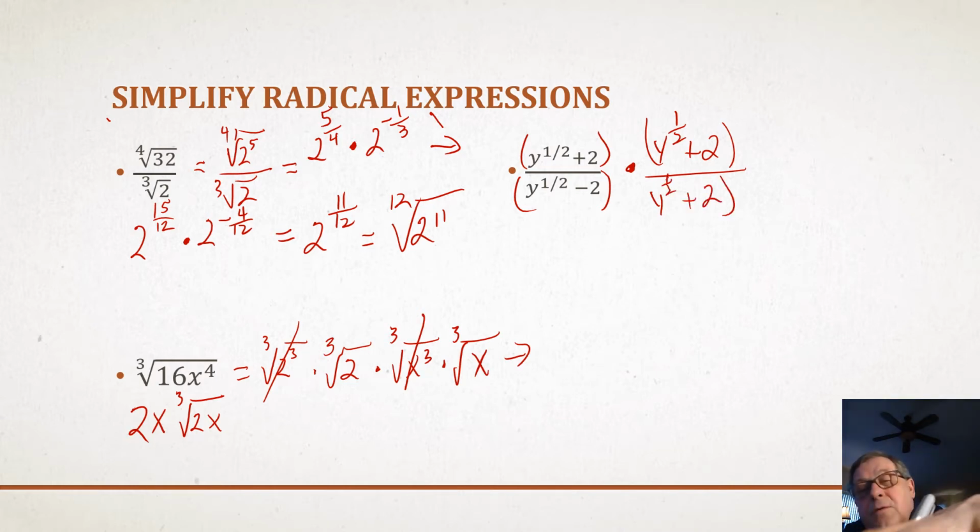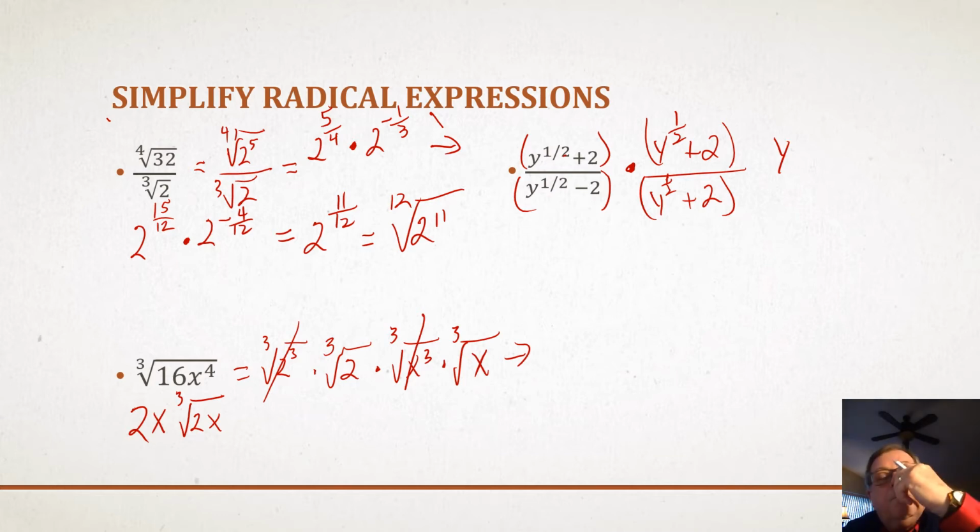And now let's FOIL those expressions. And so let's see, y to the 1/2 in the numerator, y to the 1/2 times y to the 1/2. If I add 1/2 and 1/2 together, that's just going to give me y.